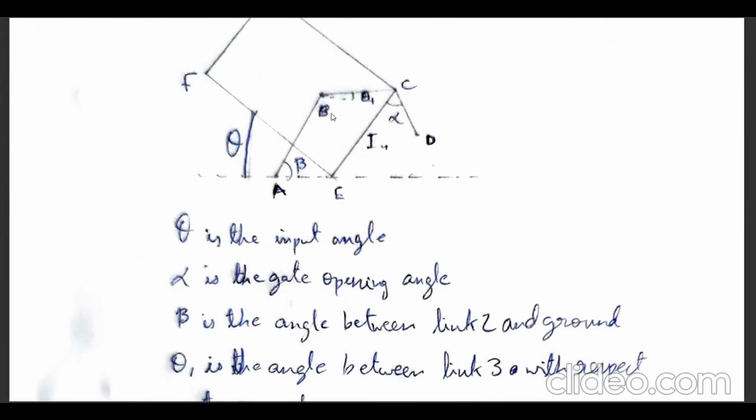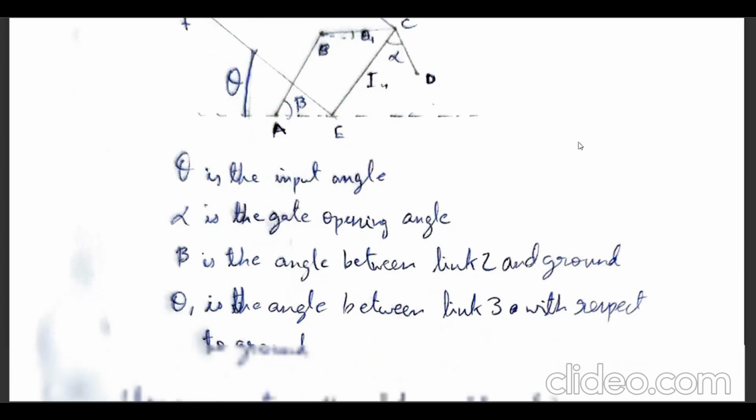Beta is the angle between link 2 and the ground, and theta 1 is the angle of link 3 with respect to the ground. Now this whole mechanism, this BCD, is basically what makes the door open in this whole big dumper mechanism.